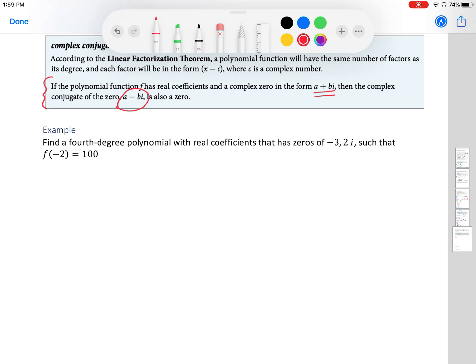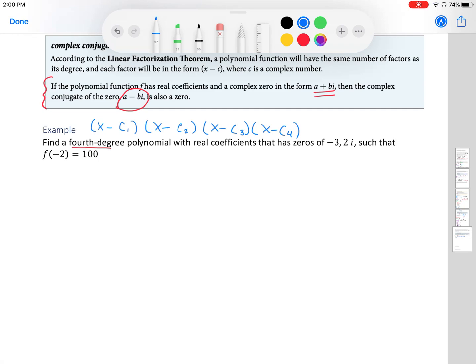Find the fourth degree polynomial with real coefficients that has zeros of -3, 2, and i, such that f of -2 equals 100. So fourth degree polynomial, this means I have to have 4 zeros. So I have x minus my first zero, x minus my second zero, x minus my third zero, and x minus my fourth zero.